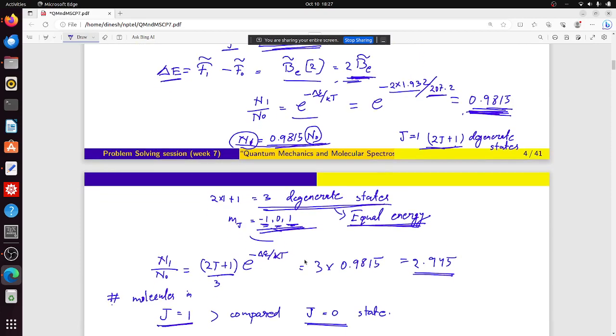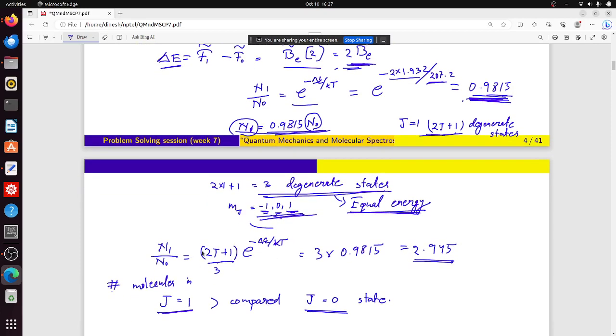So if we calculate finally the number of particles in excited state, this is not the ratio, this gives 3. This is 2J plus 1, this is the effective formula, 2J plus 1 times e to the minus delta E over kT. This will give us this fraction.